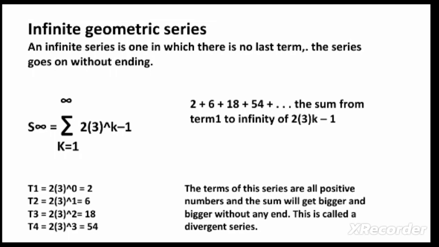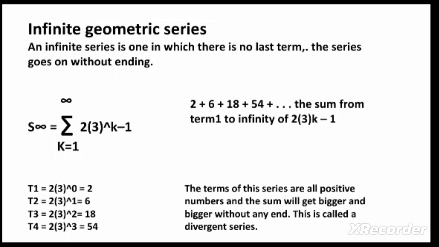If you calculate the sum, it will get bigger and bigger. So this is called a divergent series. So if they ask you, is this a convergent or a divergent series, what you can do is to find the ratio. Once you find the ratio, you can tell whether it's a divergent series or a converging series.